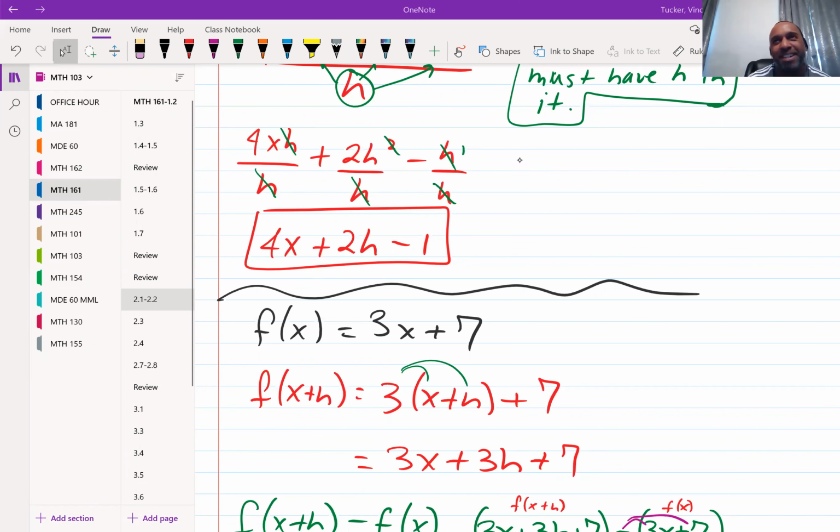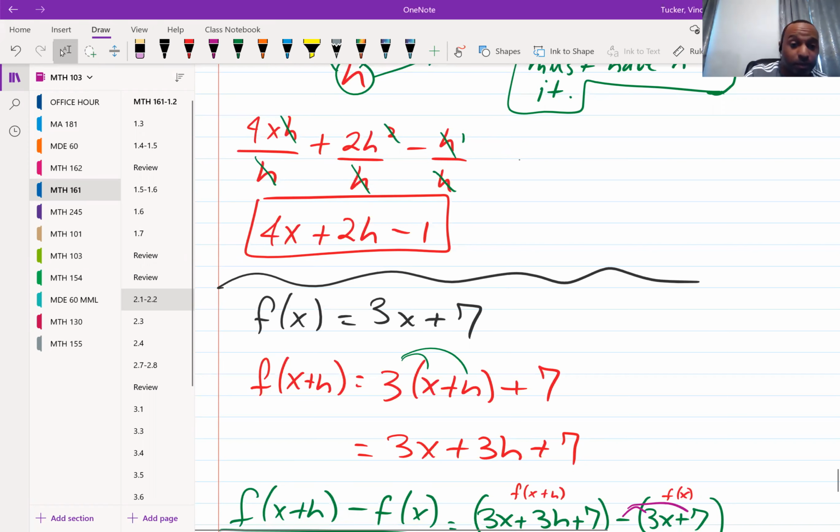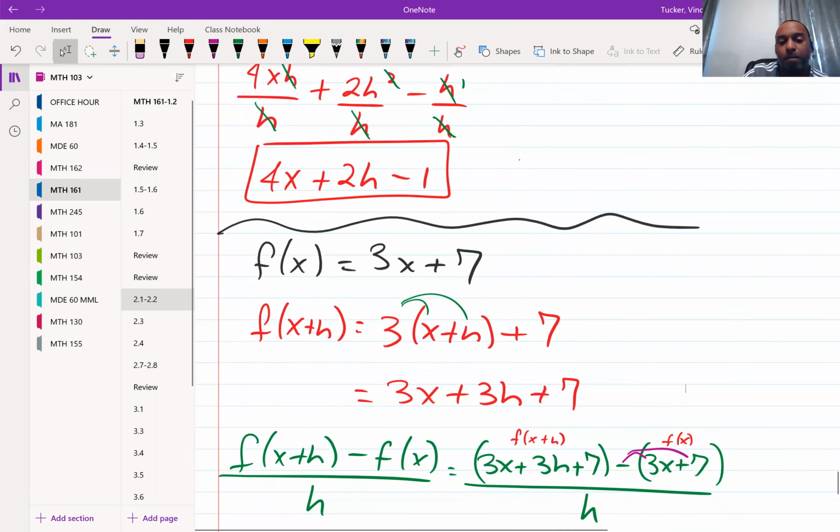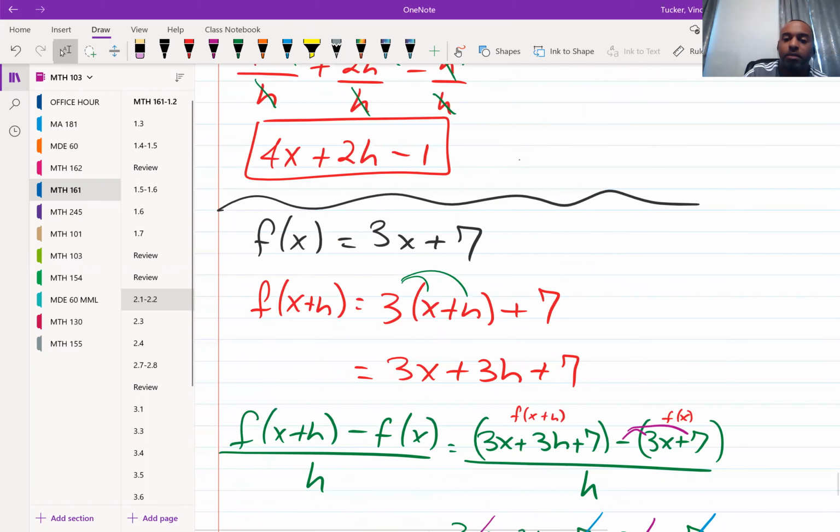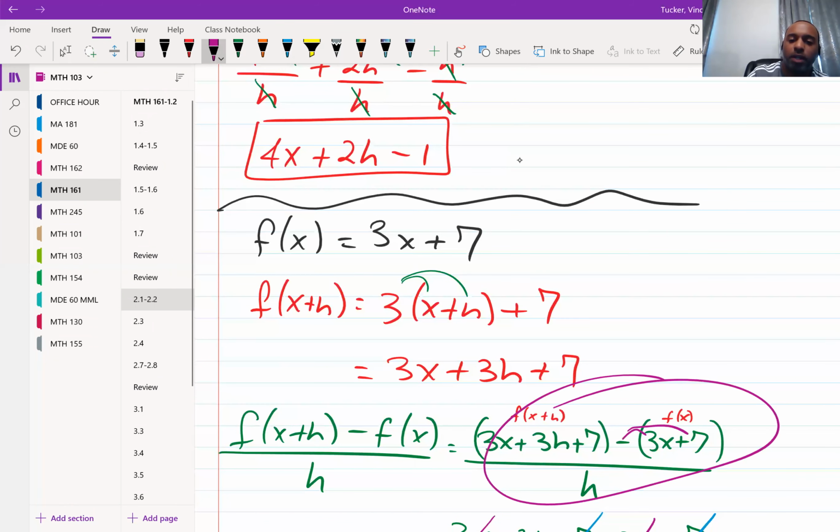But yeah, so distribute: 3x plus 3h plus 7. That's all we have to do here. And that is our most simplified way of expressing f of x plus h. So then we go ahead and plug it in: f of x plus h minus f of x. Distribute that negative.